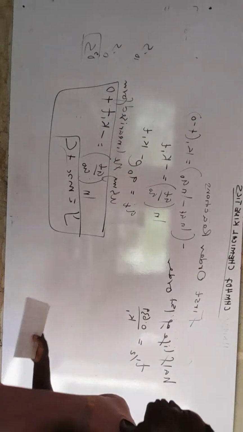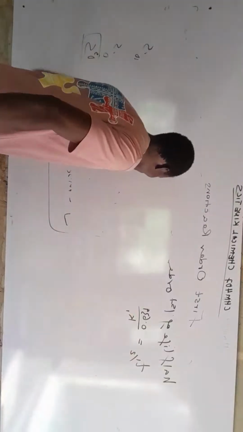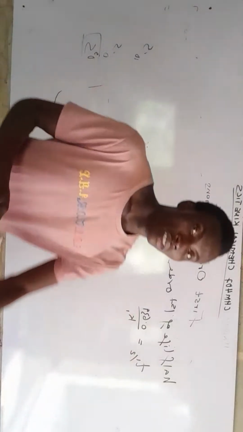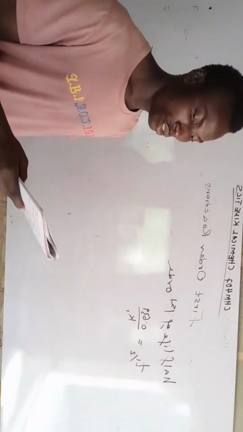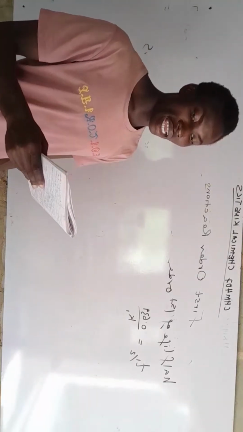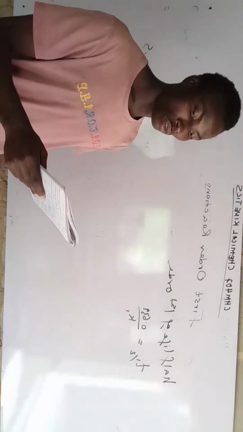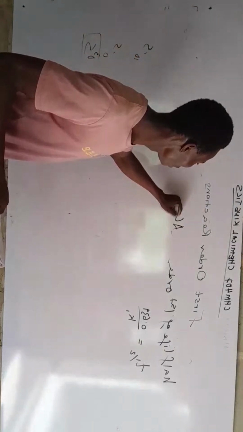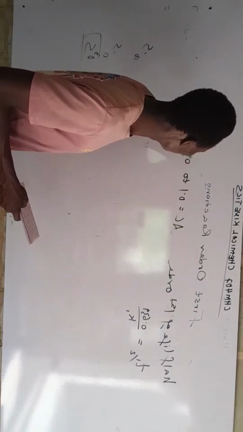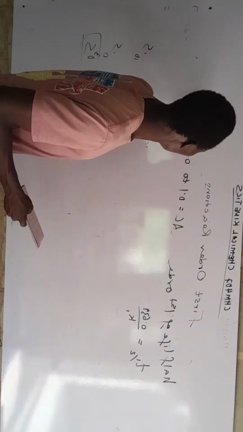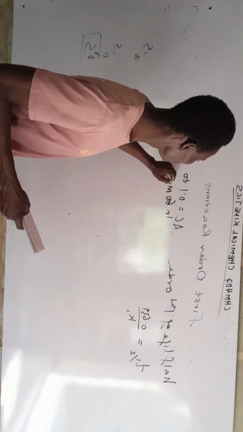Now the example given in this place asks us to calculate something that is very essential. Given that for a first order reaction, the concentration of the reactant changes from 0.1 to 0.0025 molarity in 60 minutes.